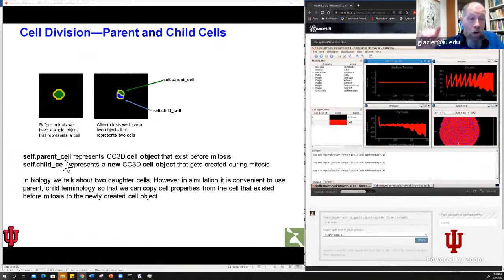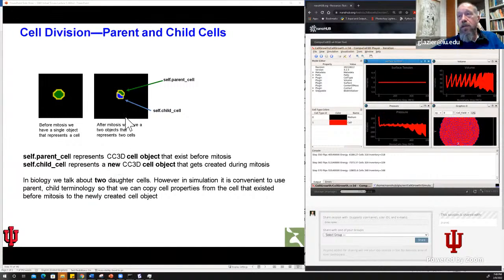Self.parent_cell, only in that context of the mitosis steppable, identifies the parent, and self.child_cell identifies the daughter. And so if you need to do something specifically to one of the two cells, you have access to do that.